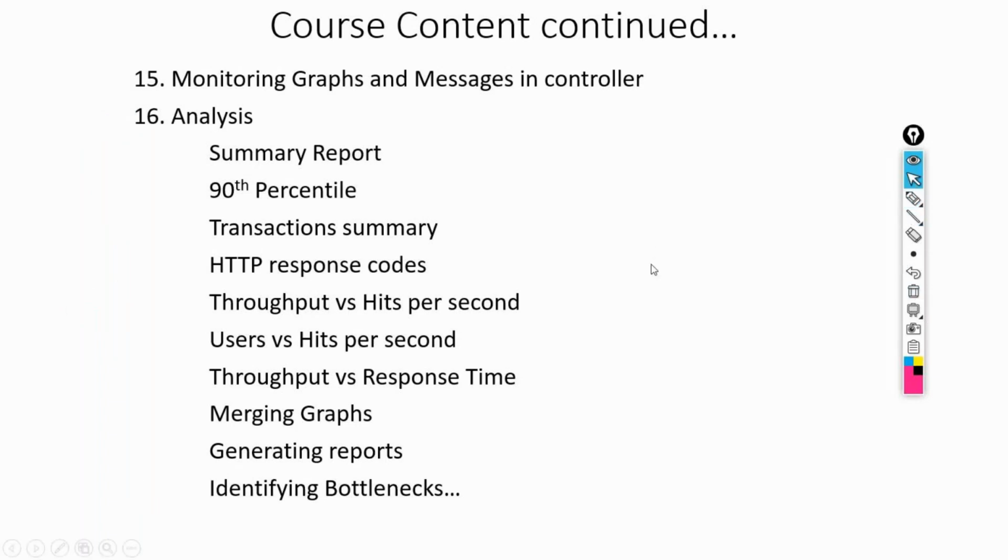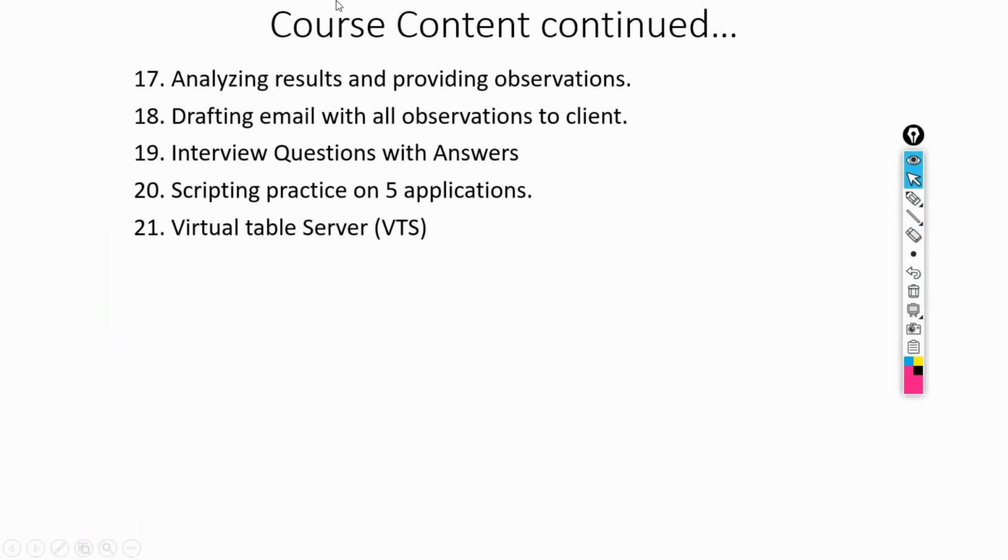The next thing is analyzing the results and providing your observations, drafting an email to the client with all your observations. Very, very important. You cannot find it anywhere. Why is it important? Based on your decision only, the client will take a call whether to release the application to the market or not.